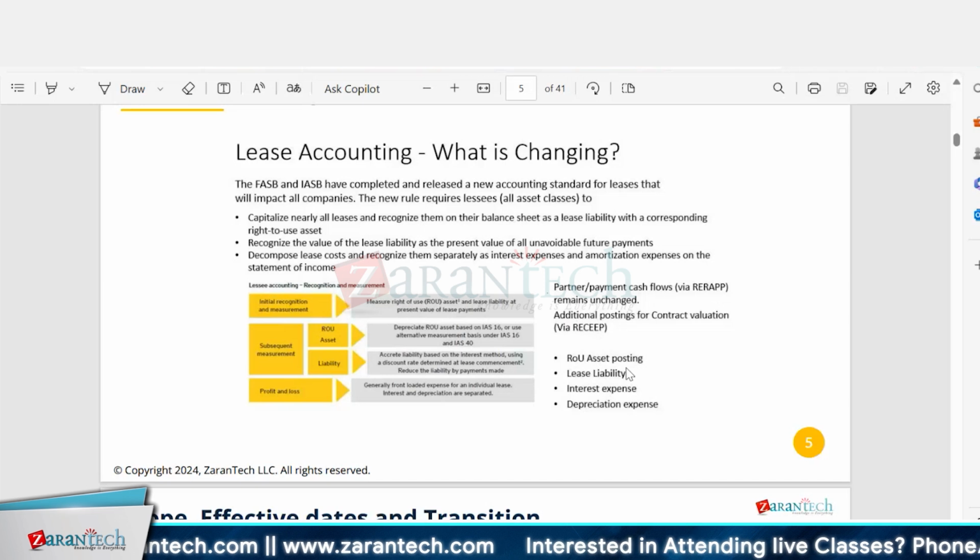So ROU asset posting, lease liability posting, interest and expense posting, all these things will happen through your receipt. Again, depreciation expense posting will happen only through your T code that comes from your asset accounting transaction.